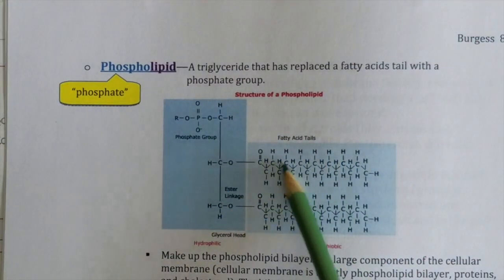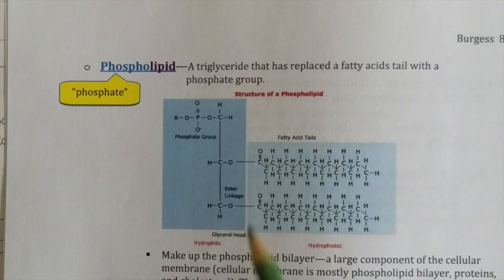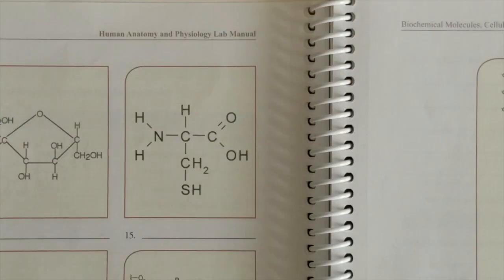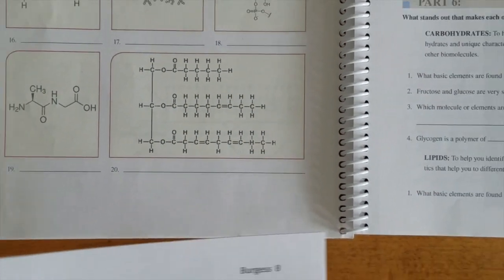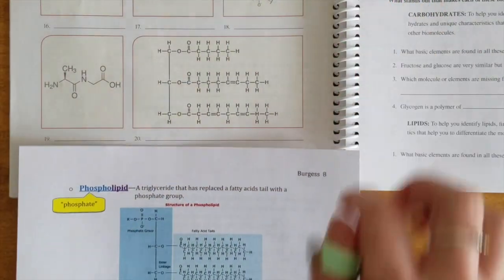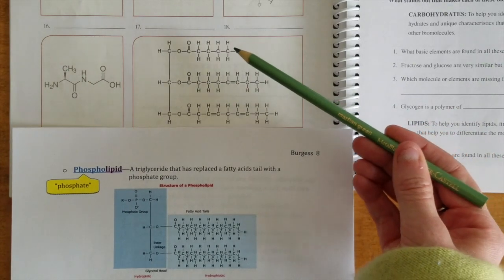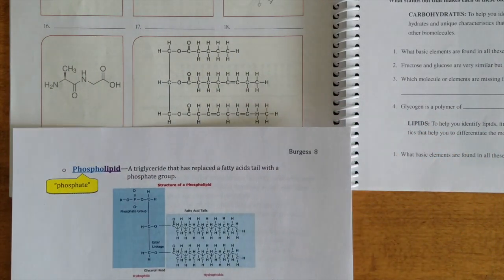And in fact, here are 2 fatty acid tails, but then we have a phosphate group up here. So these are really similar molecules. It's just that one of the fatty acid tails has been replaced with a phosphate group.